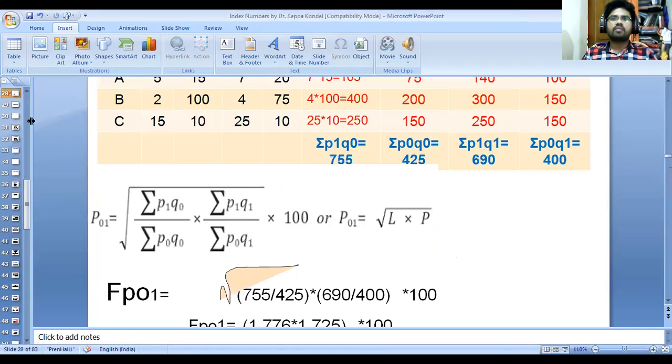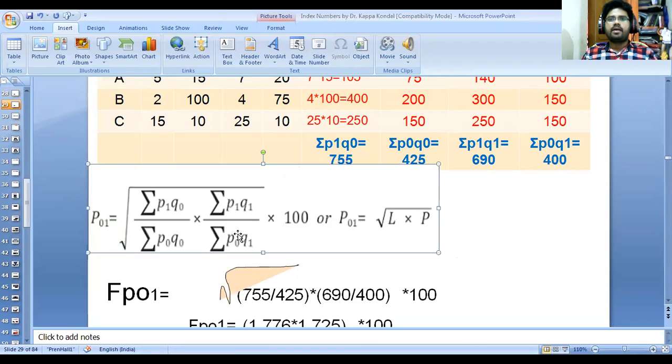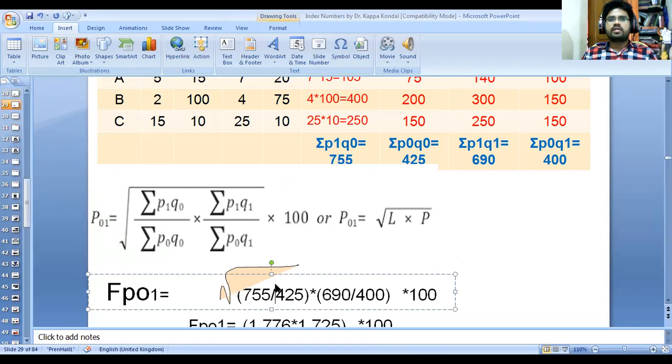Then see, I'm going to show one more thing. See here, another formula; last day we discussed these things.